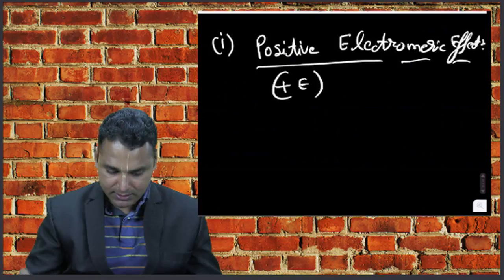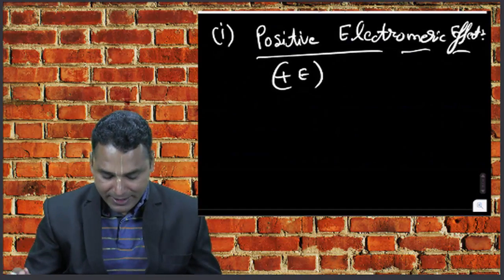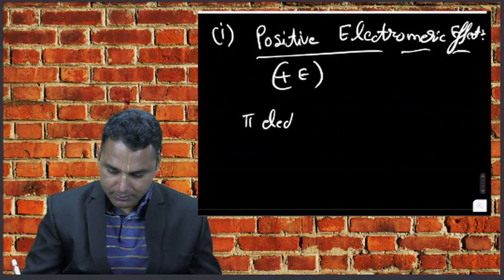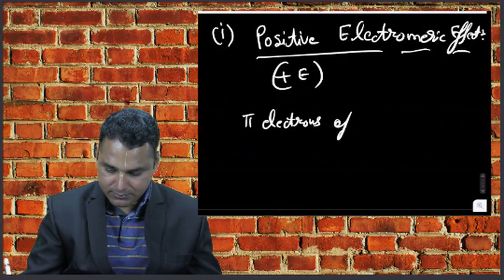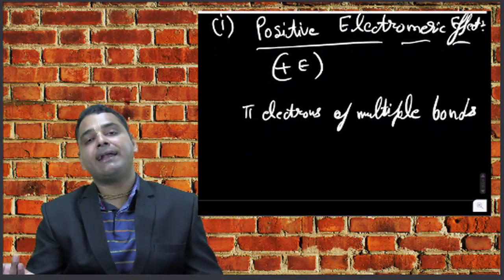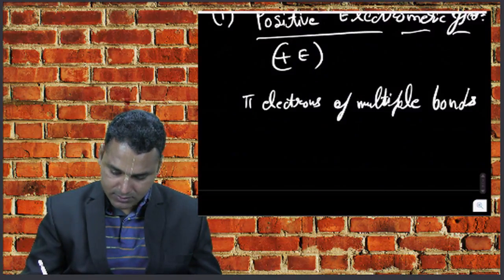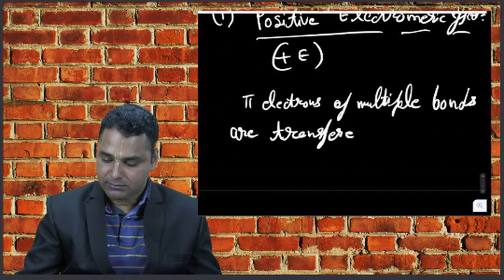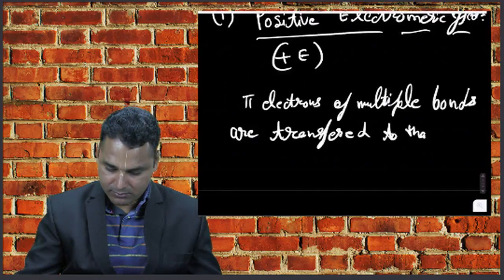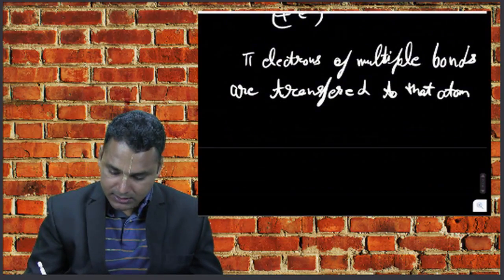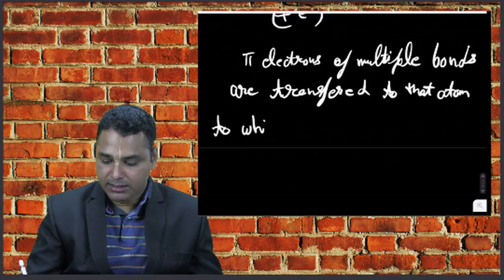It is plus E. In this effect, the pi electrons of multiple bonds are transferred to that atom to which the reagent gets attached.